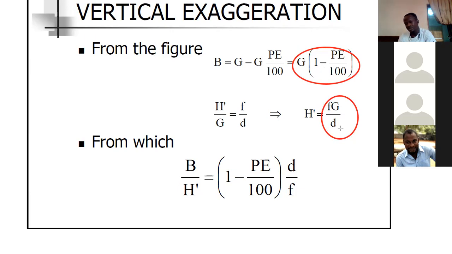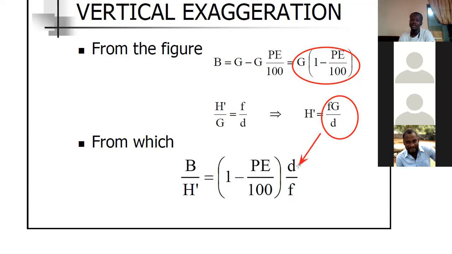Then the J will cancel itself out. So you are left with FD, which you are actually seeing here. You're left with the D. J is gone. Then we have the 1 minus PE at the top, because J is gone.